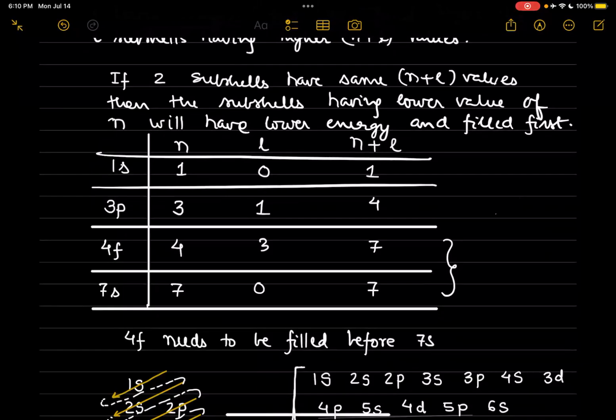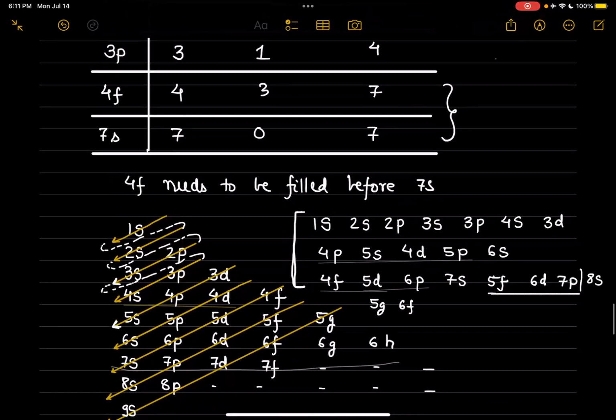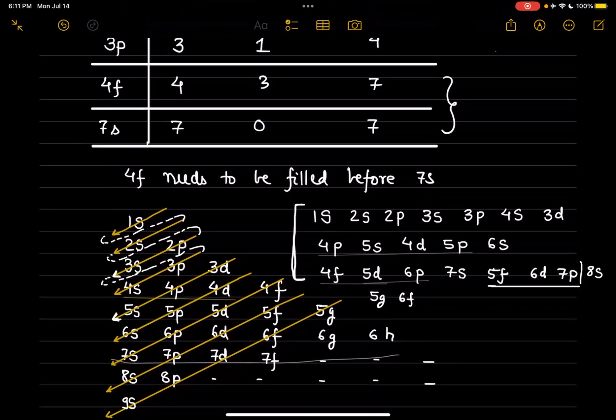So examples of N plus L values. N is already written in front, and in SPDF, S is 0, P is 1, D is 2, F is 3. So you can find the value of L, you can find N plus L, and accordingly you can arrange these subshells in increasing order of energy.